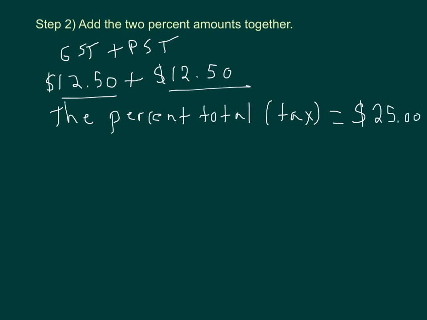We've now found what the first part asks: the total tax amount is $25.